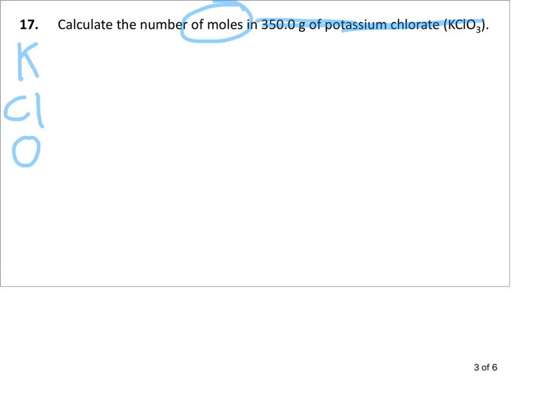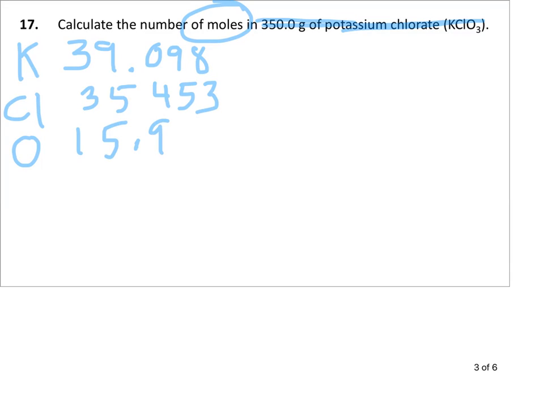Potassium, from the periodic table, we find its molar mass is 39.098. Chlorine is 35.453. Oxygen is 15.999, times 3 oxygens, 1 chlorine, 1 potassium.